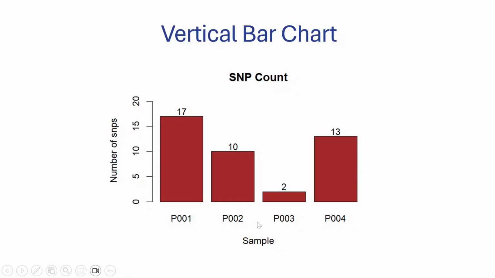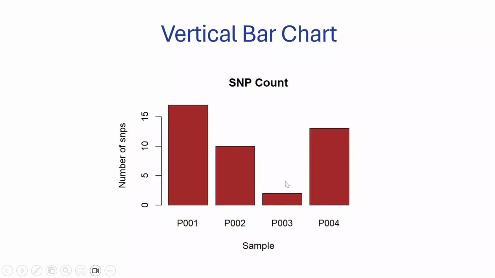Now, before we do that, let's look at this initial plot here. If you look at the Y values, it's up to 15, and this one extends, so we also need to correct for that.